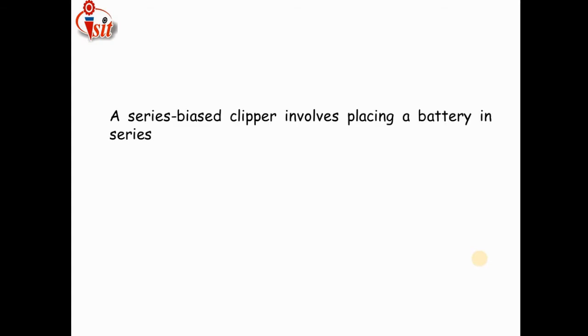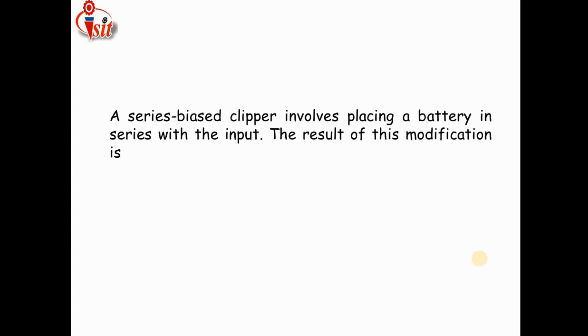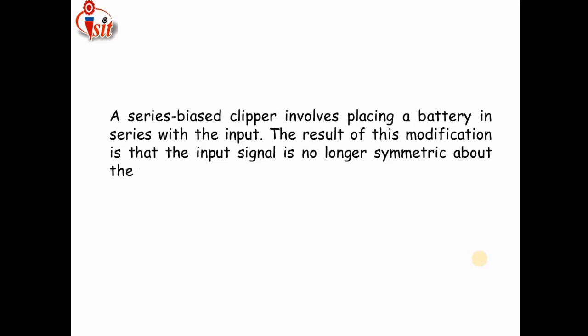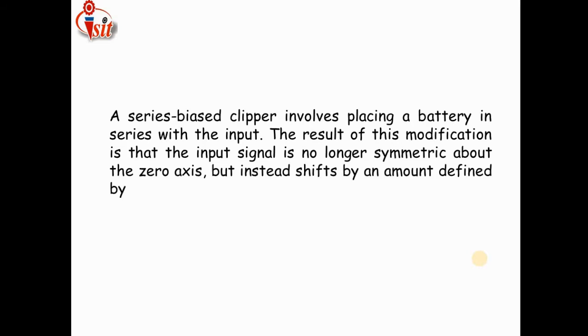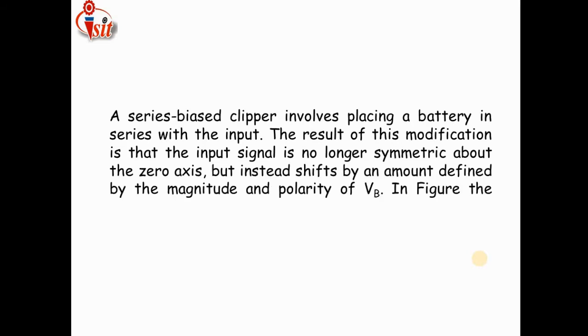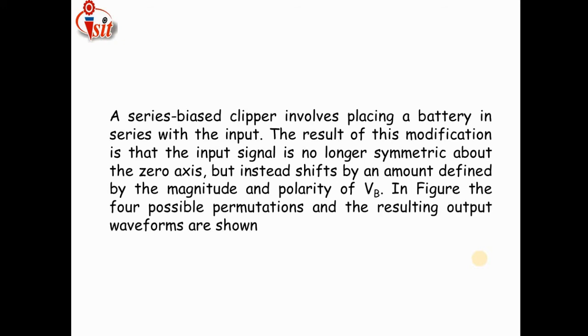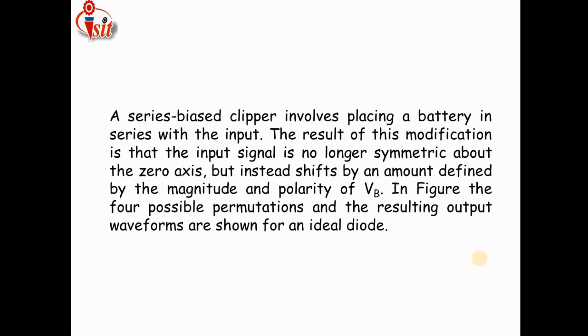Along with this, a series biased clipper involves placing a battery in series with the input. The result of this modification is that the input signal is no longer symmetric about the zero axis, but instead shifts by an amount defined by the magnitude and polarity of the bias voltage.